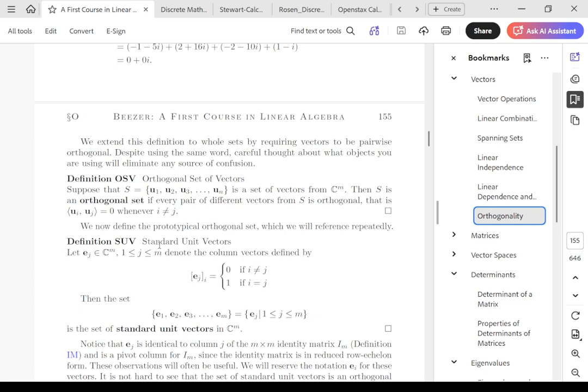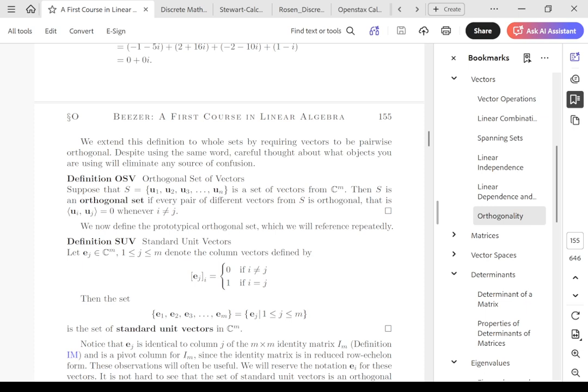Then S is an orthogonal set if every pair of different vectors from S is orthogonal. That is, the inner product of ui and uj is 0 whenever i does not equal j. We call this pairwise orthogonal: each pair that you take is orthogonal.